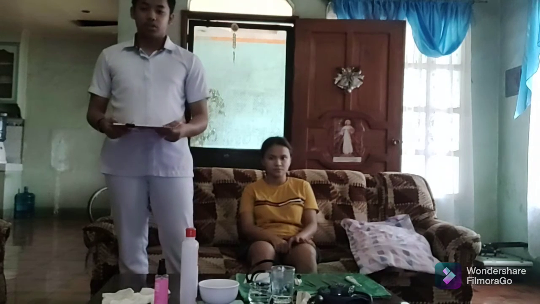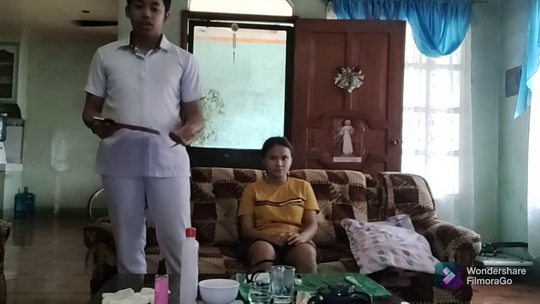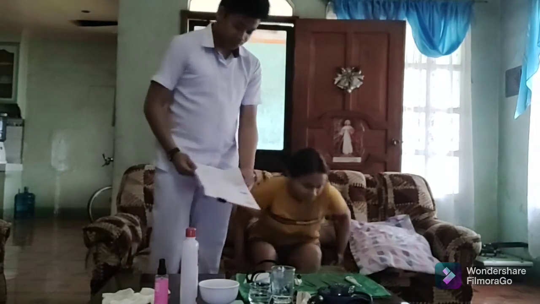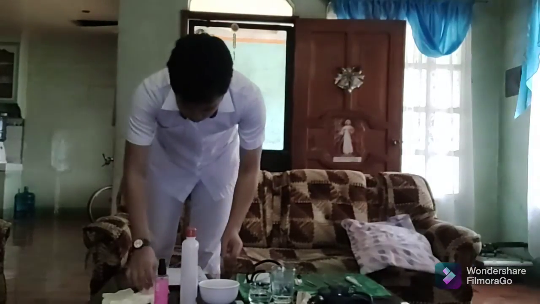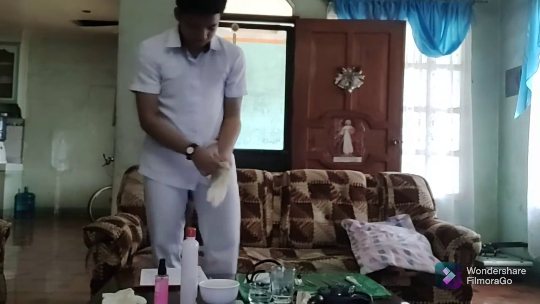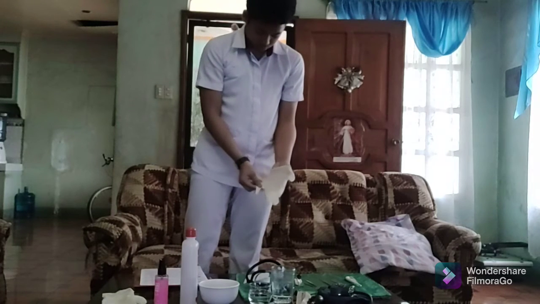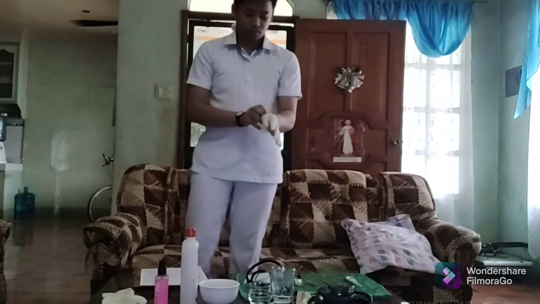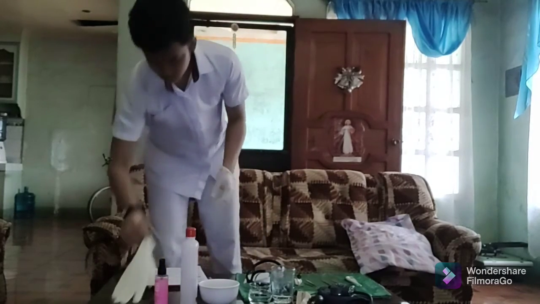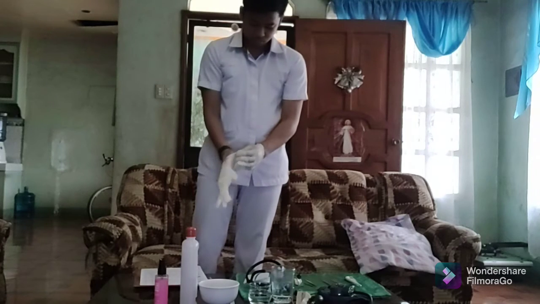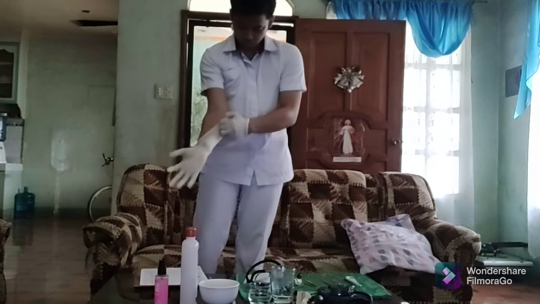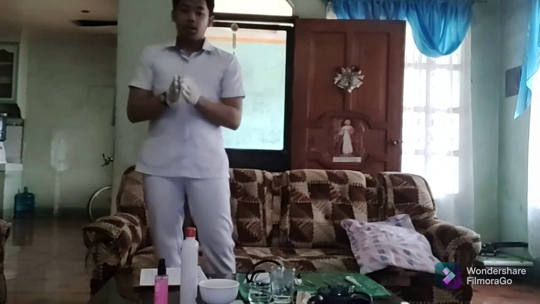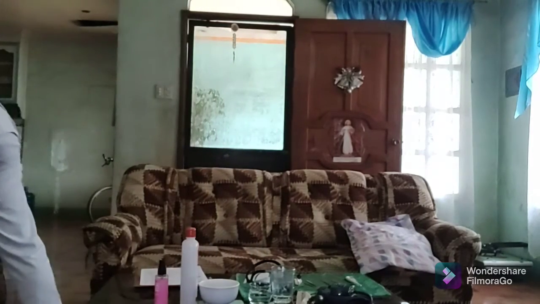So now let's proceed to the genitalia. In genitalia, I am just going to use a dummy. First, I am going to don gloves. Then, I'm just going to get the dummy.